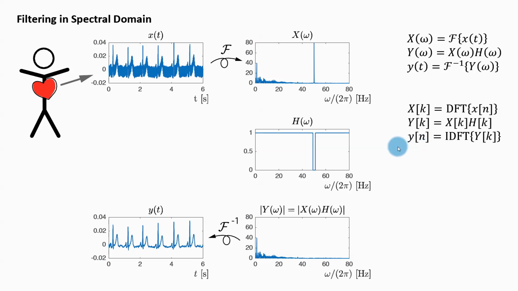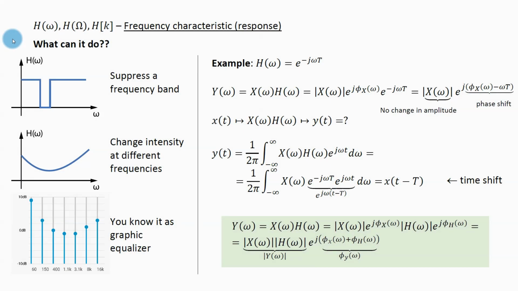Now you can see that the filtering that I perform is decided by the shape of this function h of omega. This function will decide which frequencies will be passed and which frequencies will be suppressed. So let's take a closer look at this function h of omega and let's examine what kind of filtering we can actually achieve. First, this function h can be used with different types of Fourier transform.